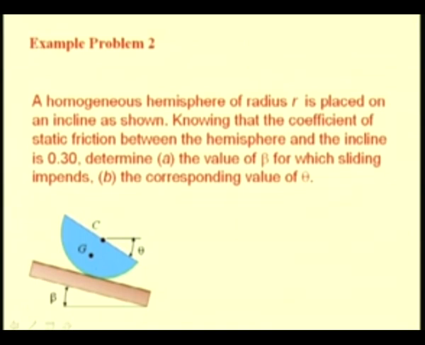For this body to be in equilibrium, the weight of the sphere which acts through its CG has to be supported by the resultant of the reactive forces that occur at the point of contact.